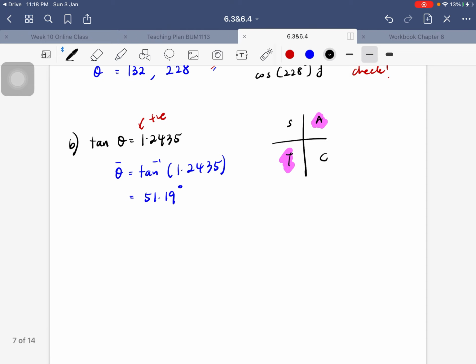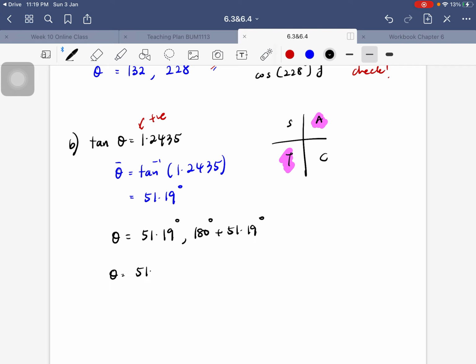Therefore, theta is going to equal, in the first quadrant, the same value as the reference angle, which is 51.19 degrees. In the third quadrant, it's going to be 180 degrees plus 51.19 degrees.